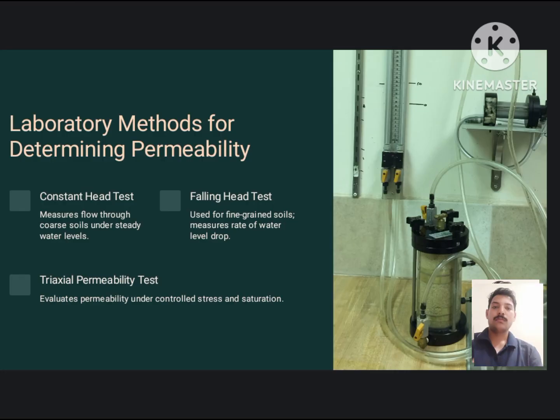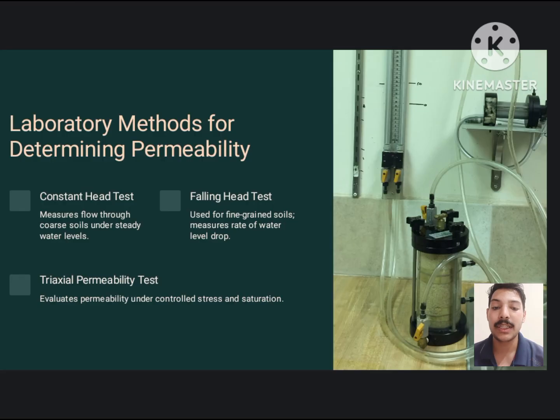Falling head test: another laboratory test for soil permeability, used for fine grained soil. It measures the rate of flow as the water level drops. Used for fine grained soil like silt and clay, the drop in water level is recorded over time. Triaxial permeability test evaluates permeability under controlled stress and saturation.